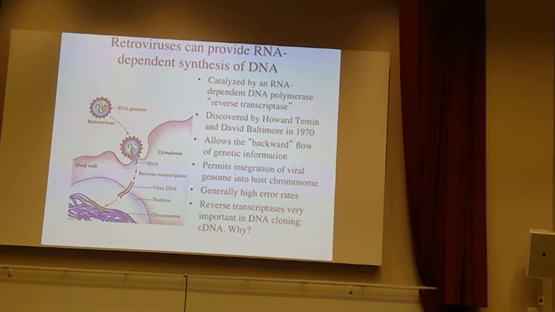Right. So let's say we have that chicken ovalbumin gene, and we want to generate a huge amount of that protein by expression in a bacterial host. So we can turn to the chicken DNA, the genomic DNA material, and use that, but that's going to cause all kinds of problems because it's got all of those introns in it.